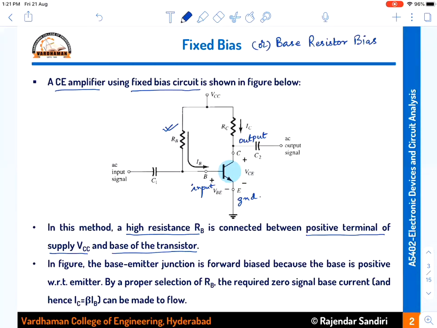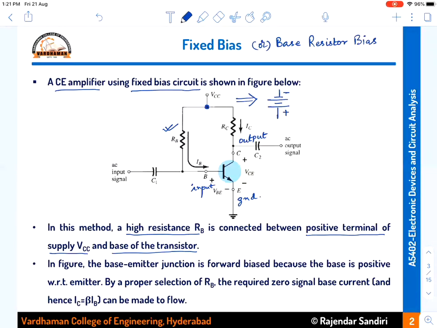Generally, if anything is connected to a battery as VCC, the meaning of this battery connection is as follows. The battery symbol has a negative terminal and a positive terminal, and this positive terminal is connected at this node.